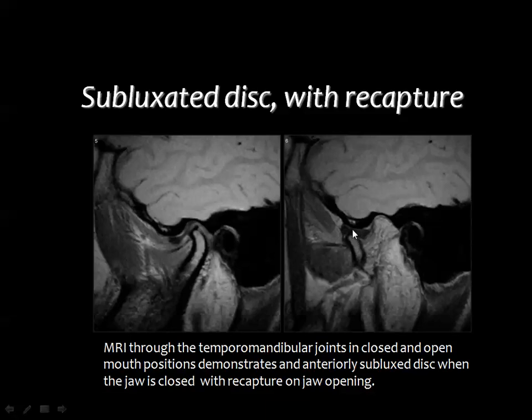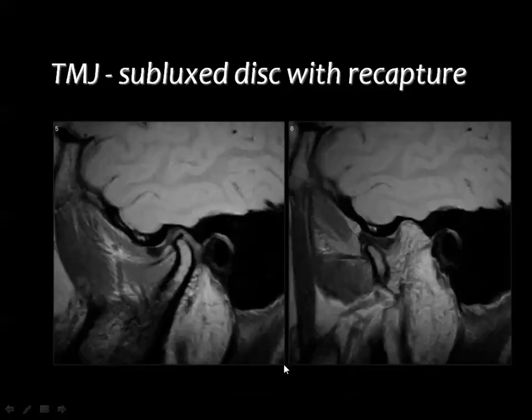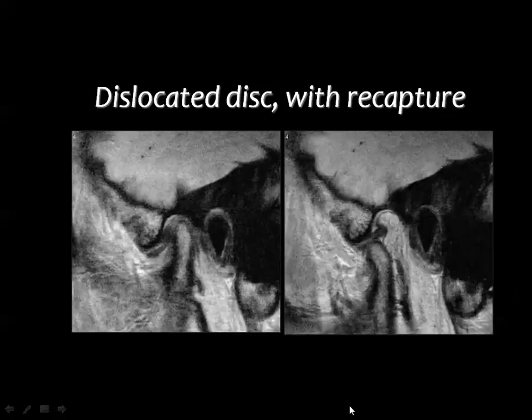The narrow part of the disc, which is the intermediate zone, is in between the articular eminence and the mandibular head, which is the normal position. Then this is the same case, and you see the disc is slightly displaced anteriorly during the closed mouth position with recapture or re-achievement of its normal position during opening of the mouth.